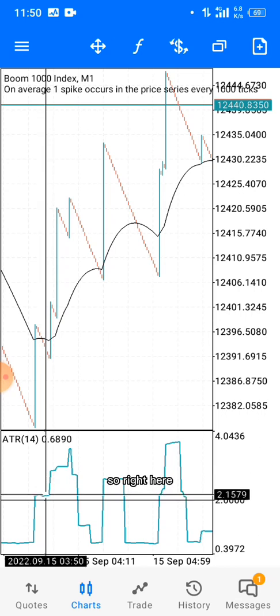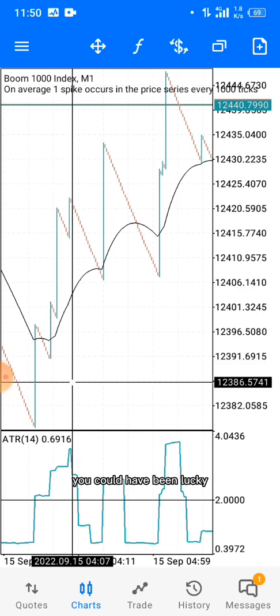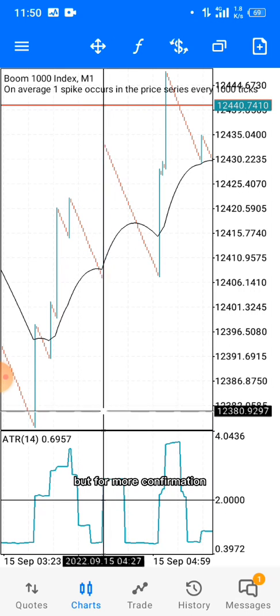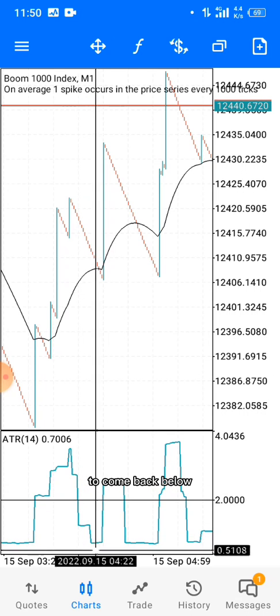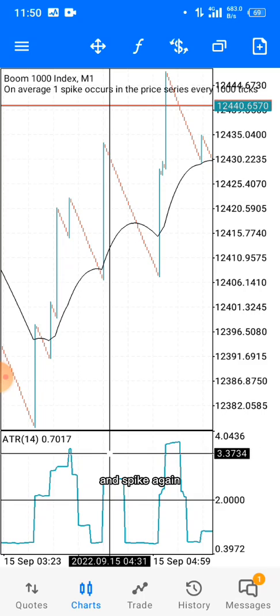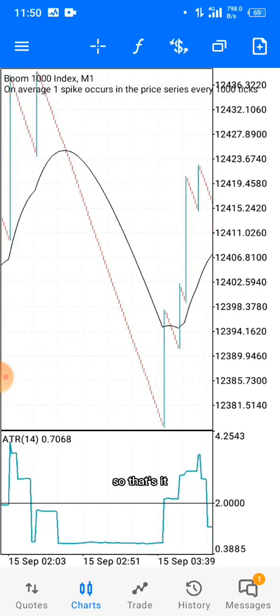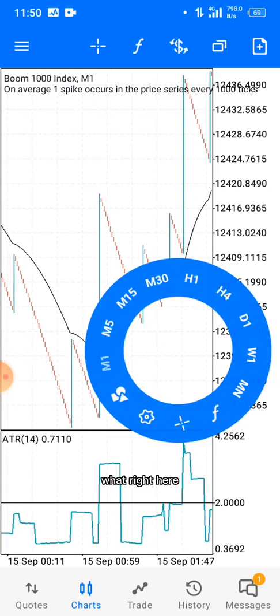So right here, when it spikes, you could have been lucky, but for more confirmation, wait for the moving average, the line, to come back below level 2 and spike again. That's when you get your safer entries, right? So that's it. Let me check right here.